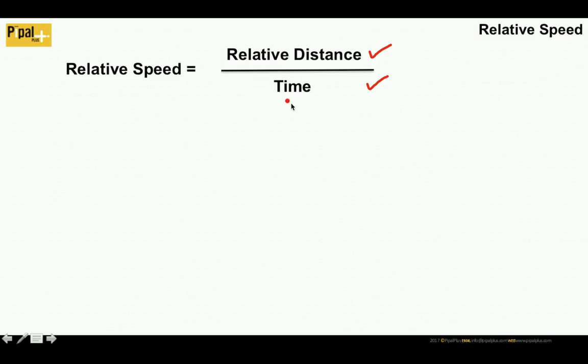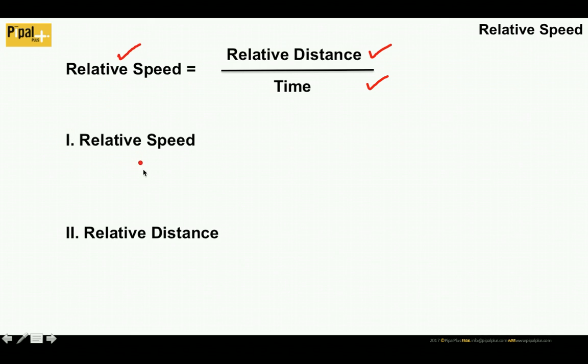Okay. Now the concepts to study for us now are the concept of relative speed itself and the concept of relative distance. Now relative distance, just like relative speed, is the distance covered by one object with respect to the other. And there are two ways of calculating relative distance.